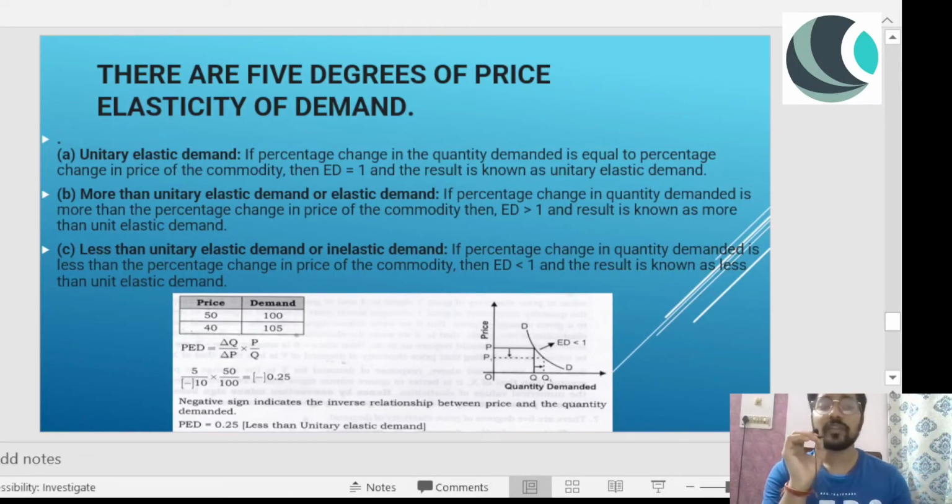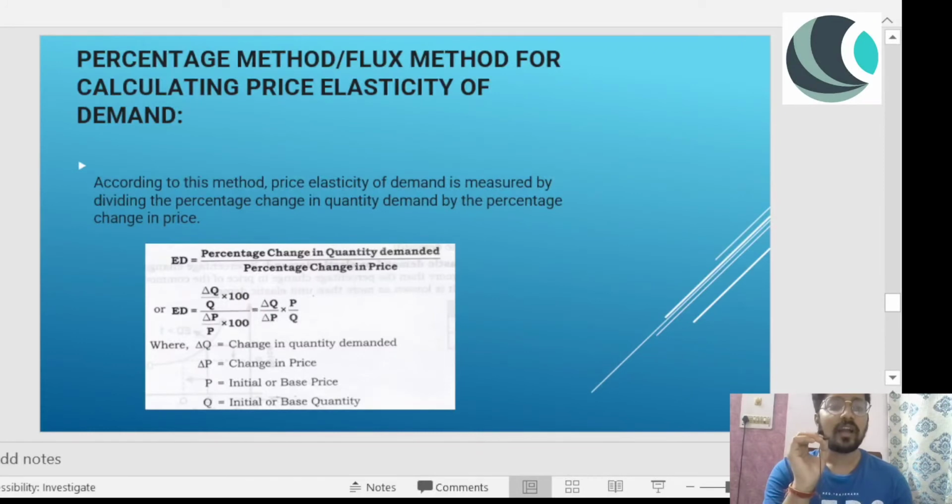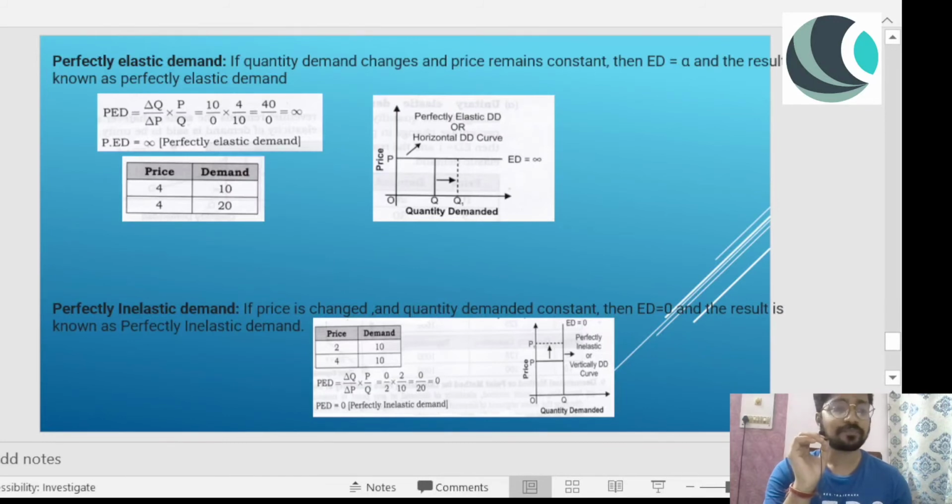So you should know every one of these, and we have covered the majority of elasticity of demand and what it is about. I hope everyone who has been following today has been able to understand elasticity of demand, because it is an important topic as I have been saying, and you can definitely expect a question based upon this.